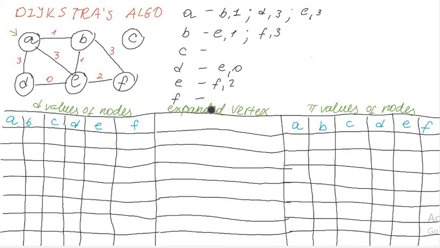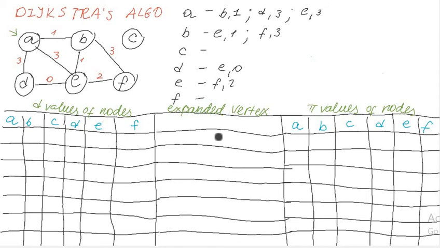So Dijkstra uses a priority queue, basically a minimum priority queue. It puts the nodes in regard to their weights. So the minimum will always be in the topmost priority.